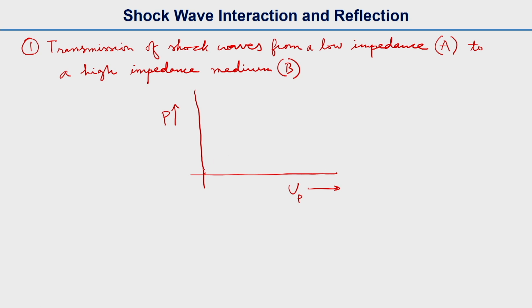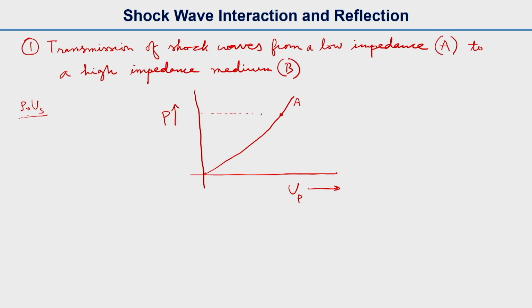For the low impedance medium, the P-UP plot comes from experimental data. Let's say this is medium 1, and we know that the shock impedance rho naught US will be the slope of the line at a particular pressure. We said that the shock impedance is a measure of the pressure at a particular velocity UP.